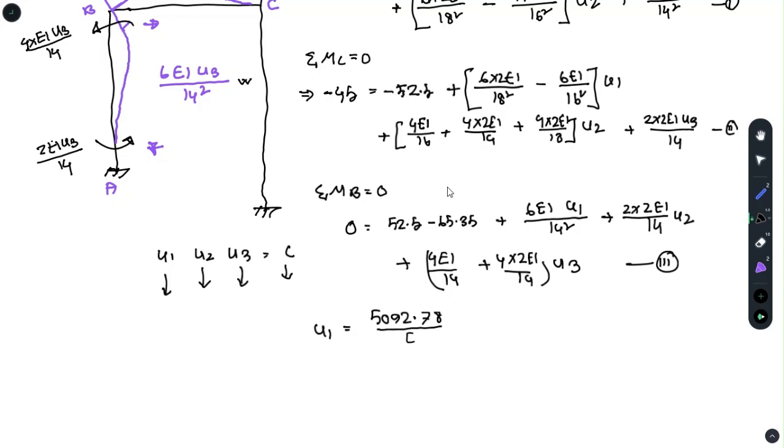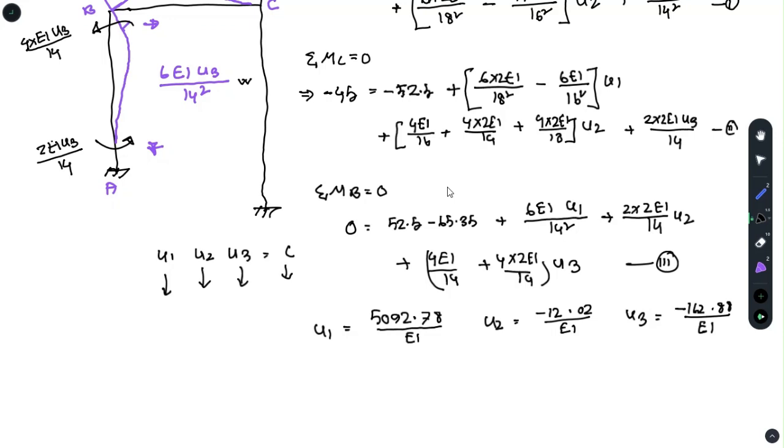If you find it troublesome, let me know, I'll explain how to solve it using a calculator. U2 will be 12 point something over EI, and U3 will be minus 162.88 over EI.